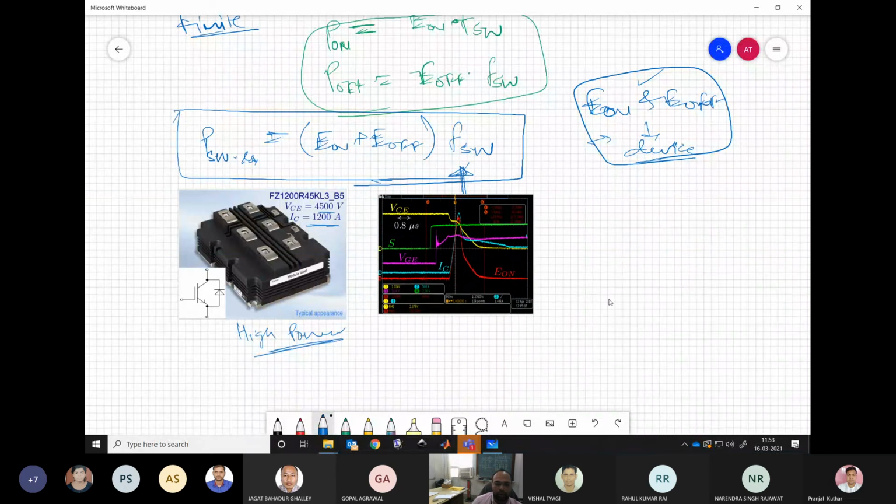VC is the voltage across the device. When the gating signal S from the control card is given, then after some delay VG, the actual gate emitter voltage, rises, and once it goes to some stable value, VC starts falling and goes lower.